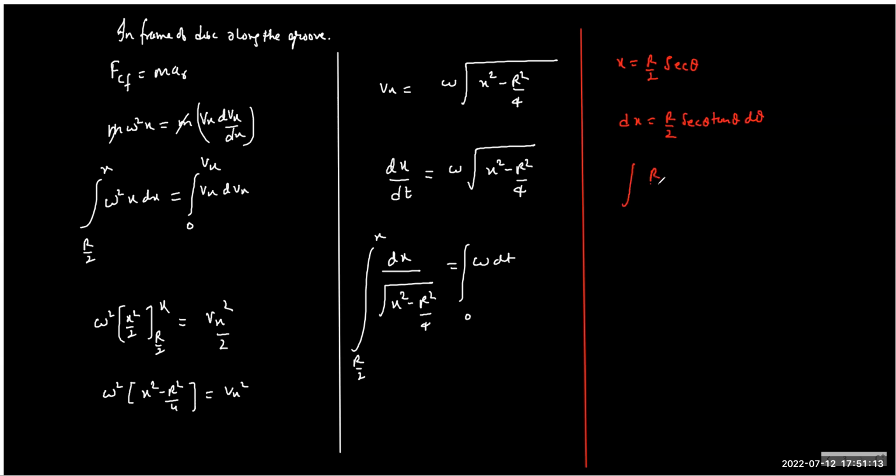So this is r by 2 sec theta tan theta d theta all upon r by 2 times the root of sec square theta minus 1, which is tan theta. So what we are left with is the integral of sec theta, which is ln of sec theta plus tan theta, plus of course c. So this is the equation we are getting.